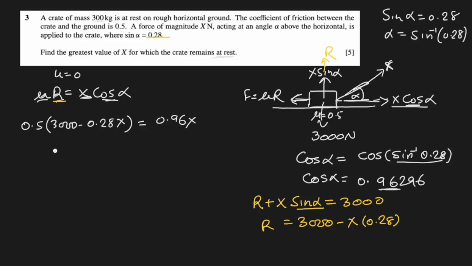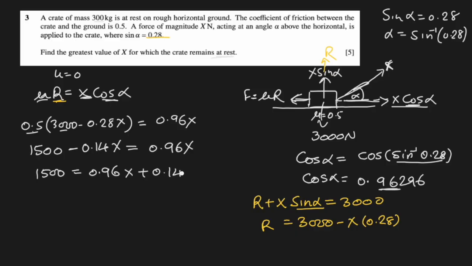Alright, let's open the bracket. 1500, yeah, 0.5 times 3000 minus 0.5 times 0.28 will be 0.14X, equal to 0.96X. So 1500 equal to 0.96X plus 0.14X.